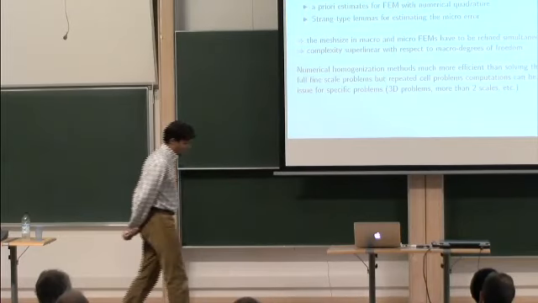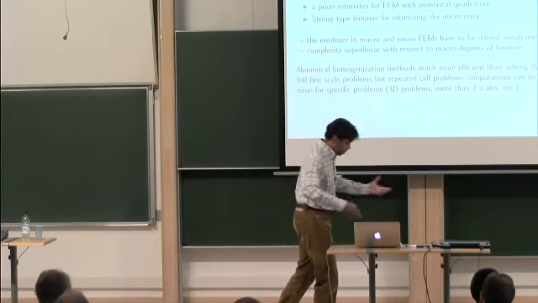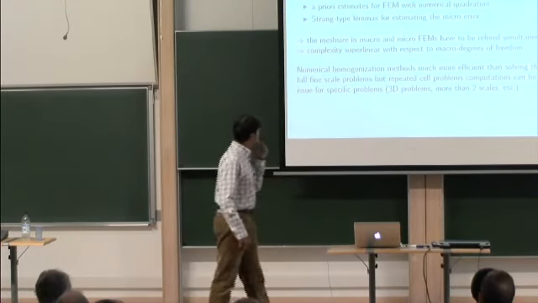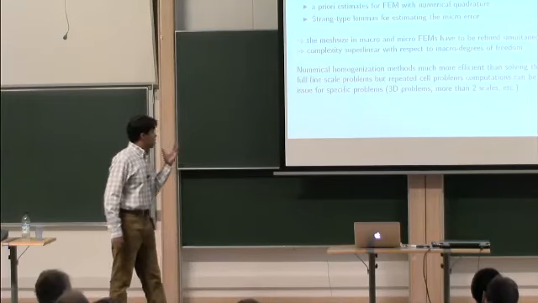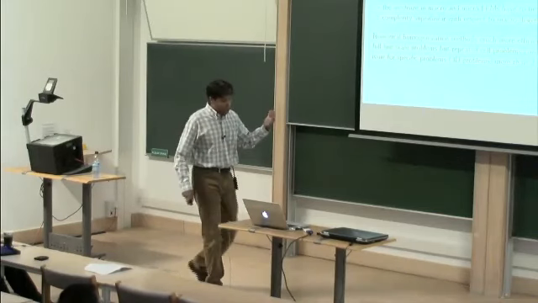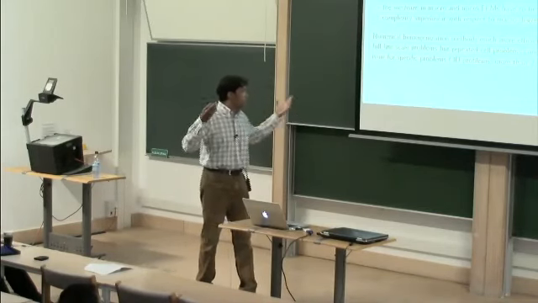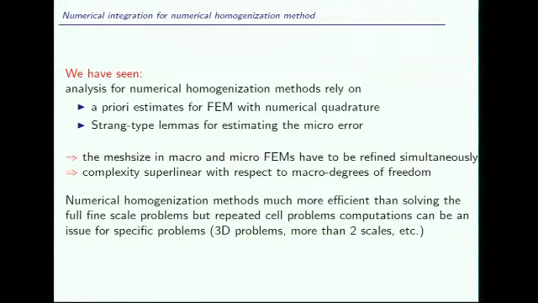Okay, so now that's another part of my research. Even though numerical homogenization methods are very efficient to solve multi-scale problems, there are many situations where even numerical homogenization is costly. Think of a 3D problem, the problem that I showed before, the chip, for example.